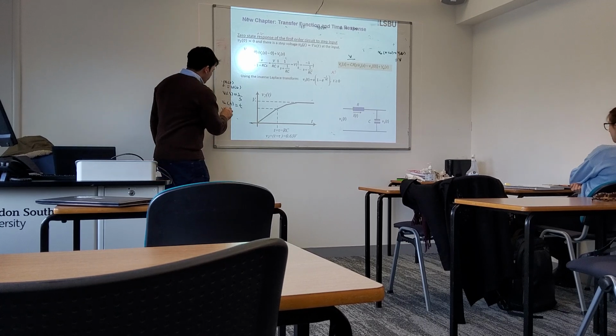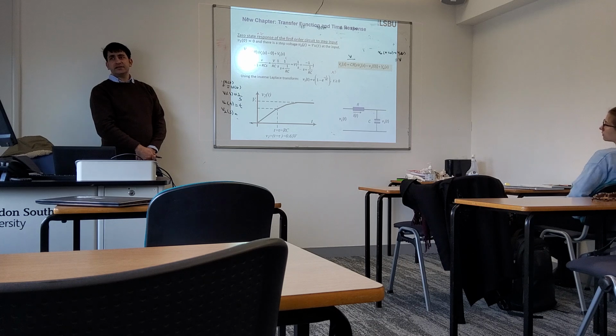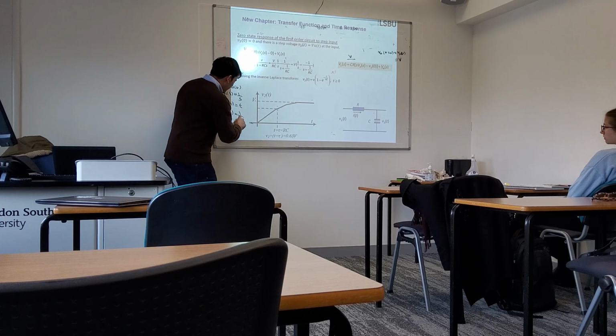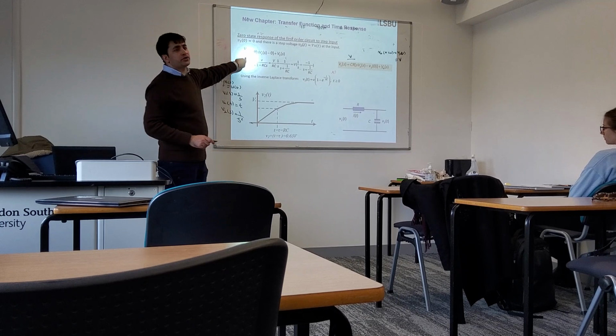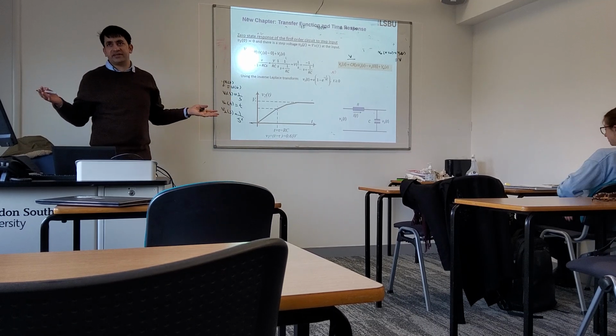So what would be the Laplace transform for t? It's going to be 1 over s square, right? So now instead of V by s, it would be V by s square. So overall your inverse Laplace transform would be different, right?